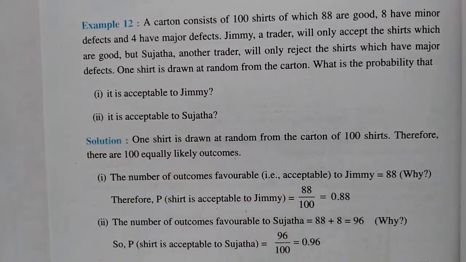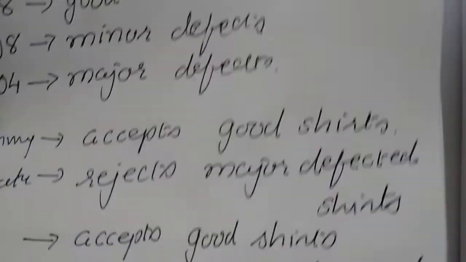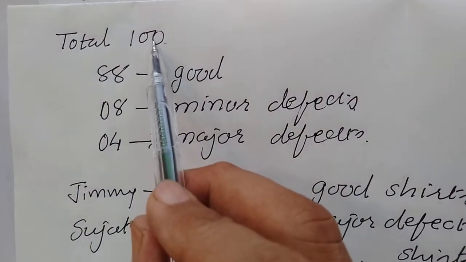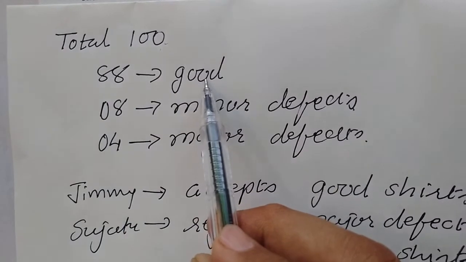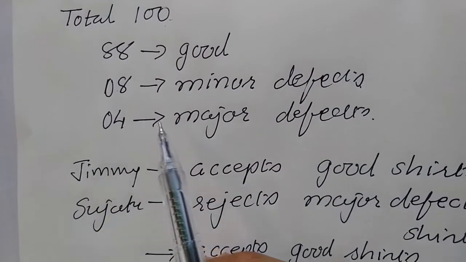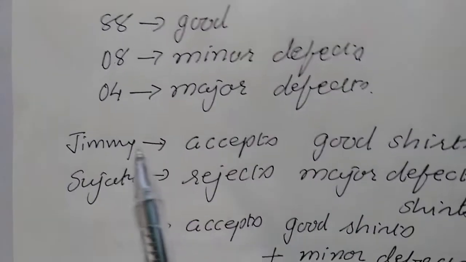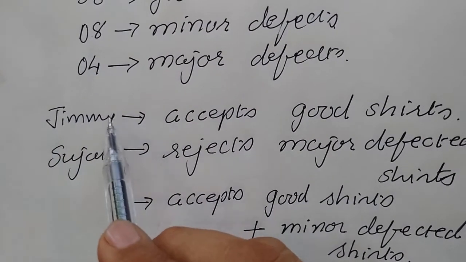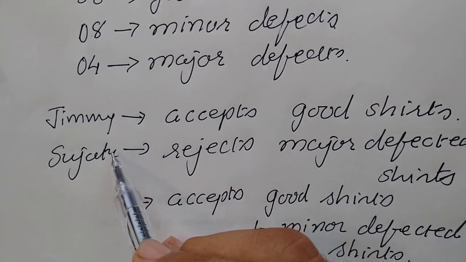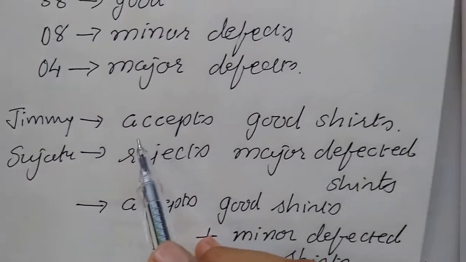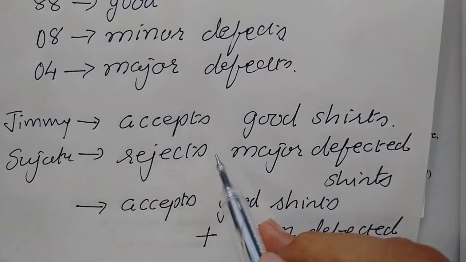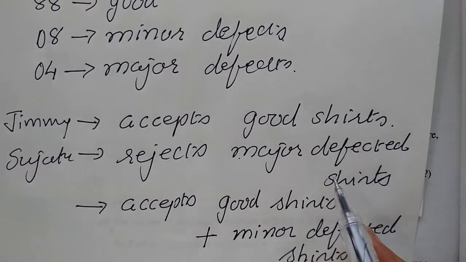Let us understand question part, children. Now see here, children. Total 100 shirts are there. Out of this 100, 88 are good ones. 8 shirts are minor defects. 4 shirts are having major defects. Jimmy and Sujata both are traders, or simple way you can say shopkeepers. So Jimmy accepts good shirts and Sujata rejects major defected shirts.